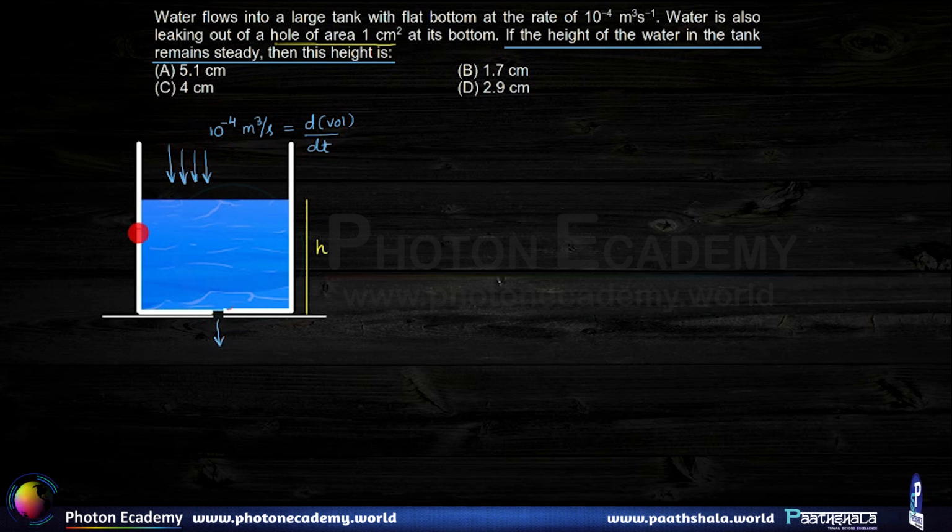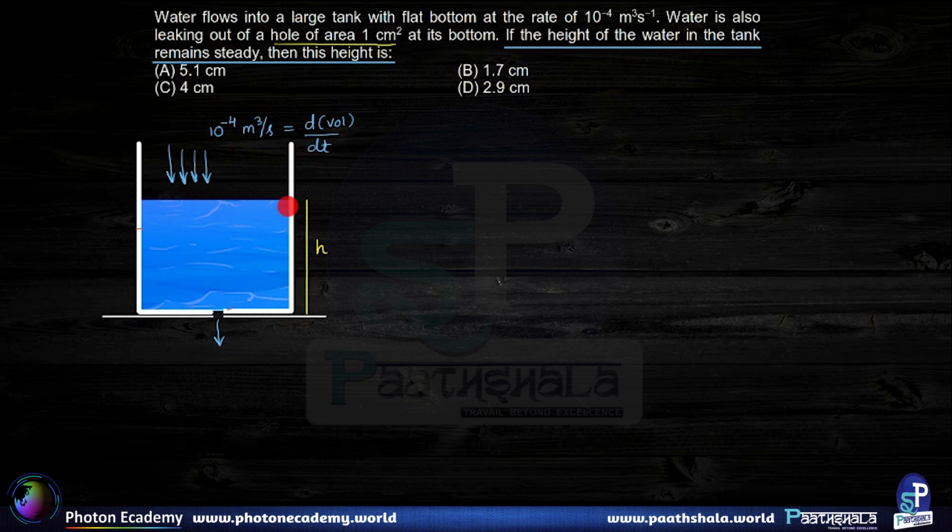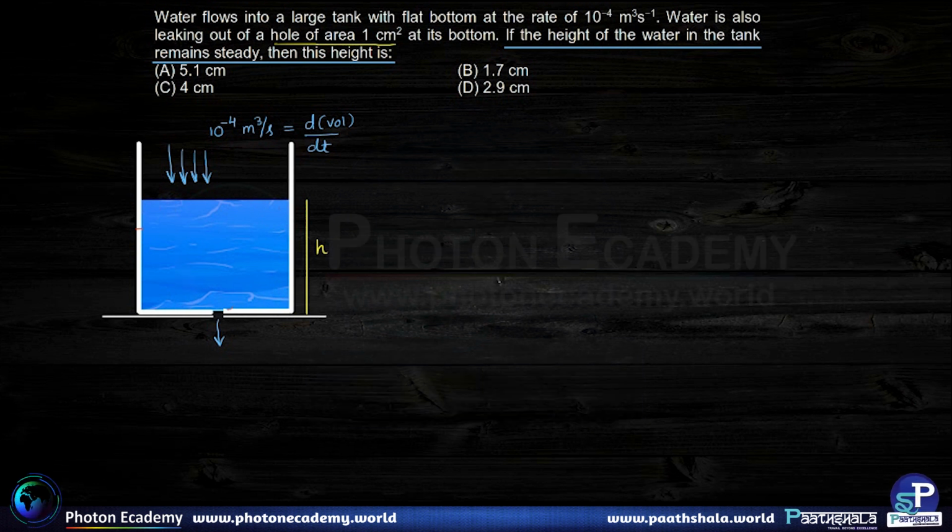That is when the amount of water in the tank is going to remain constant, and hence the level of this water is going to remain constant. Alright. Now we would just like to find out what is the rate of flow of outgoing water.